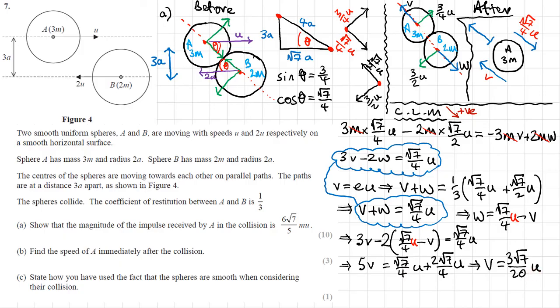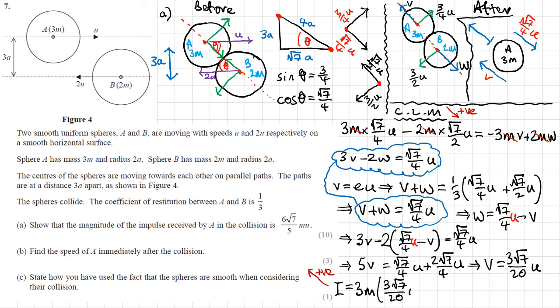So now I can work out my impulse. So I'm taking this direction here as positive. So that's going to equal the mass, which is 3m. So I'm actually working out the impulse on A. You could also work out the impulse on B. And then it's going to be my v, which is going to be the speed after, which I've just worked out here. So that'll be 3 root 7 over 20u.